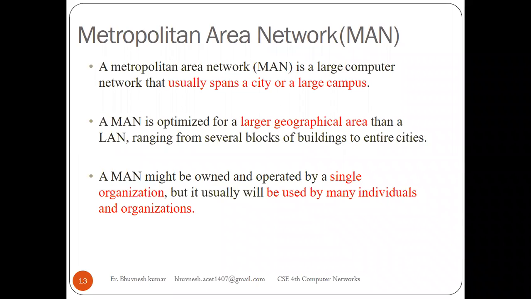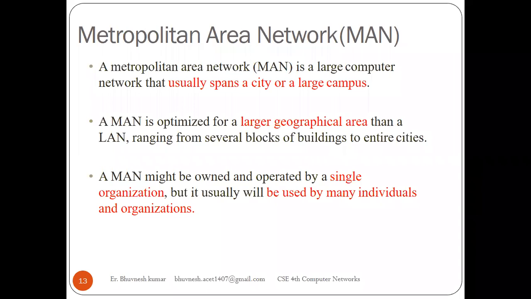Okay, they are connected with each other in a single city, Amritsar, and that creates a metropolitan area network. And the same if I talk about Amritsar, Jalandhar, Ludhiana, Delhi. Okay, all the SBI branches of these cities are connected with each other.